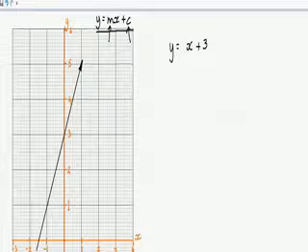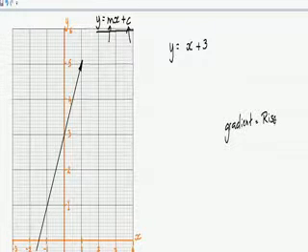Now to find the gradient, you'll see lots of long, elaborate ways of doing this, but it's rise over run, and I'll show you what I mean by that. You always run along the x-axis and you always rise on the y.